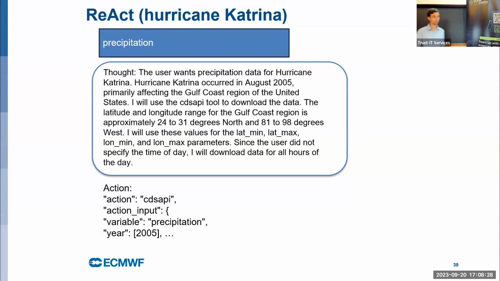We answered precipitation. This ChatGPT is implemented with some memory for the conversation, so it actually remembers the first question. It now notes down that we want precipitation, and then says, okay, now I know exactly what I need to do.